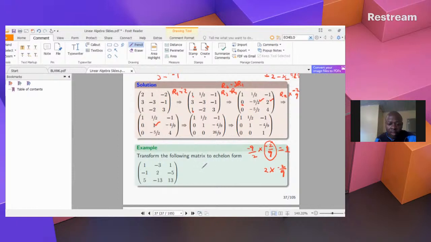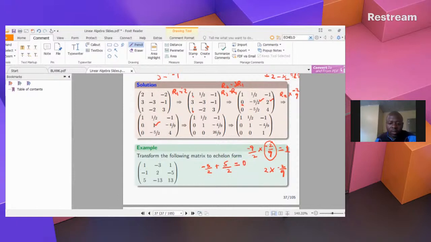For me to get a 0 there, if I was to add to this 2, what I have plus 5 out of 2, this will give me 0.